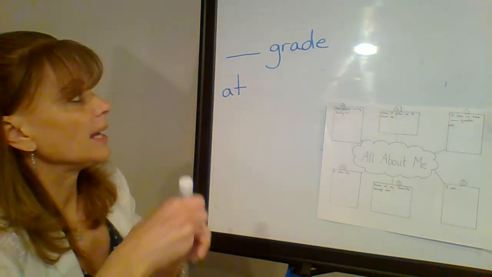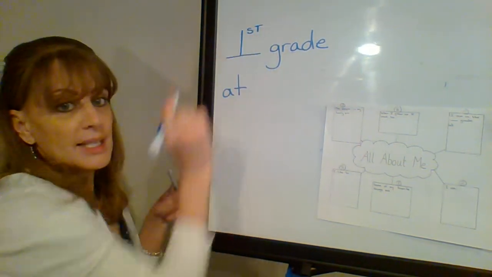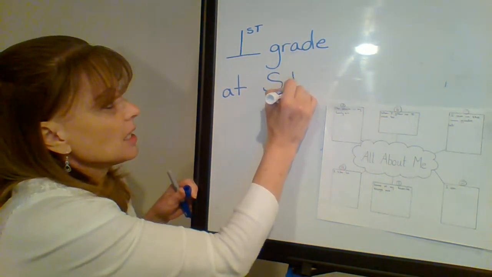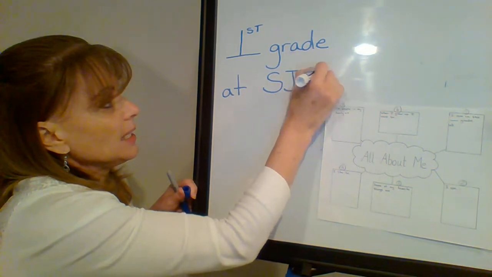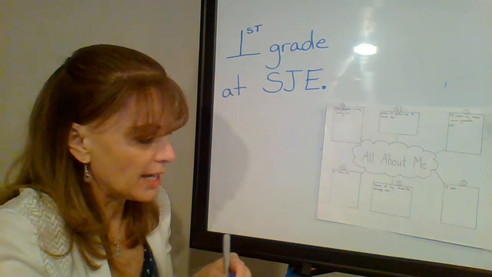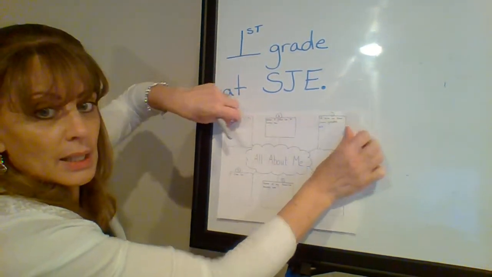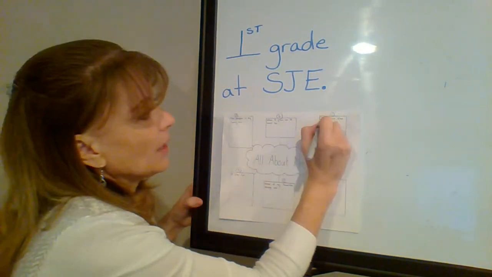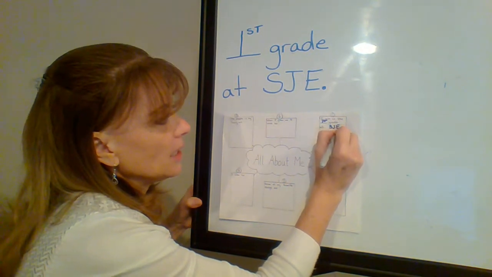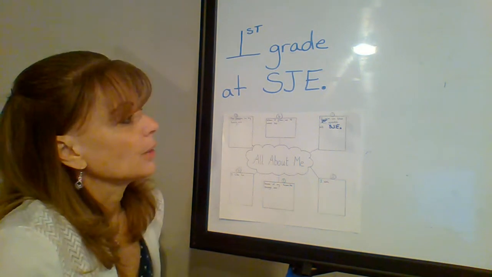You are going to write, I am in the first, so 1 S T, at, and you're going to write SJE, all capitals, and a period. I am in the first grade at SJE. So on the actual paper, I am in the first grade at SJE with a period. Okay?